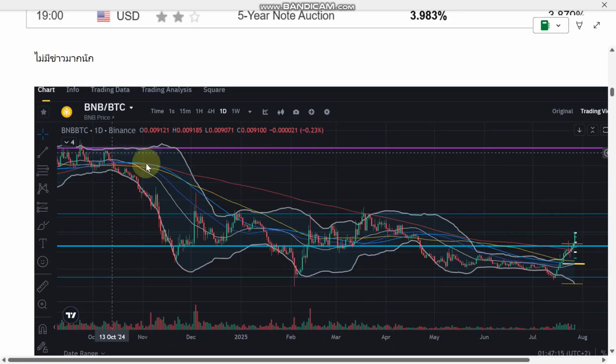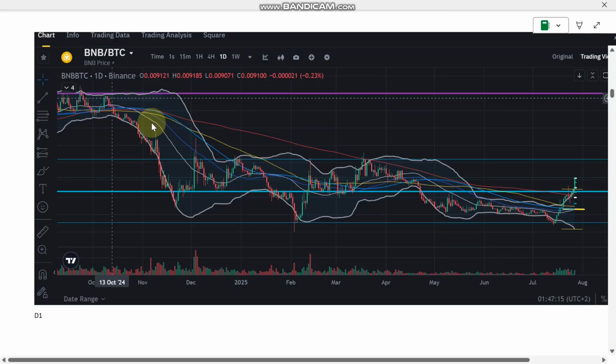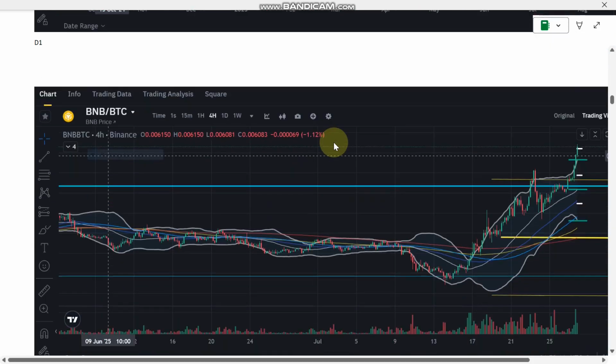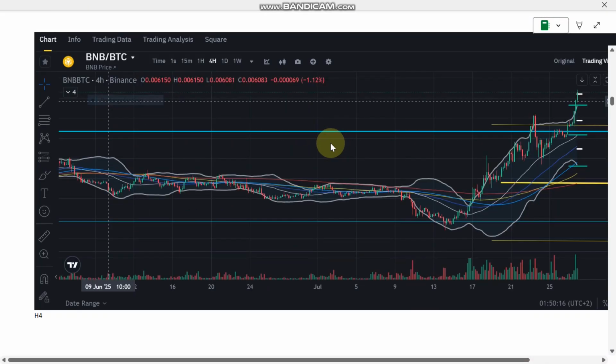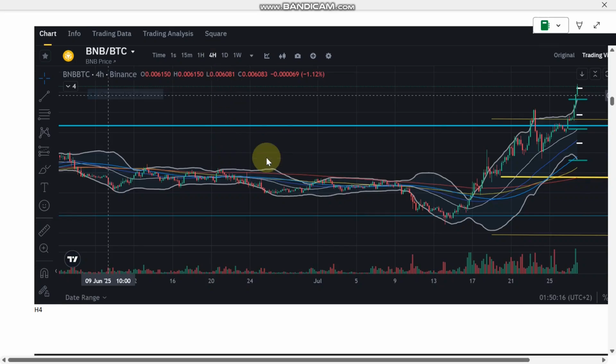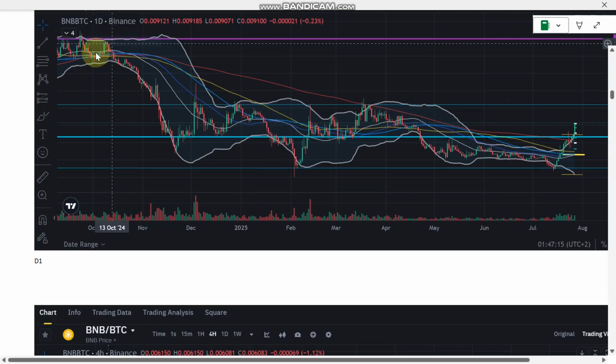focus on Binance digital, Binance and Bitcoin from the Binance platform. Binance and Bitcoin, 4 hours. Binance coming strong. Daily, but it was being sold before.